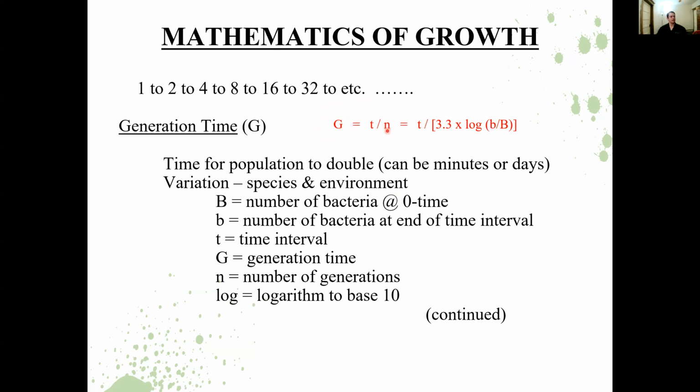This N, the number of generations, can also be broken down by this log that you see over here, where the small b is the number of bacteria at the end of the time interval, when you stopped measuring, and the large B is the number of bacteria at time 0, when you start your bacterial count. So initial versus end.